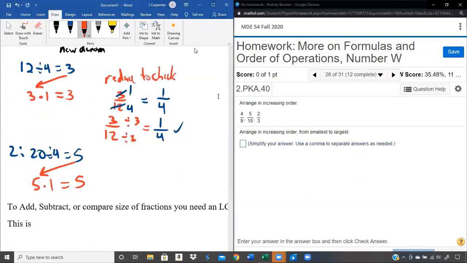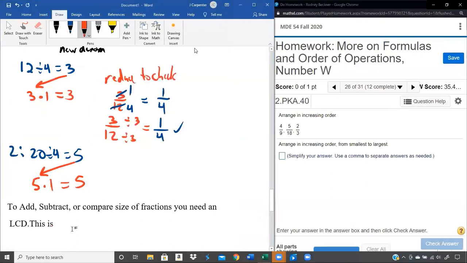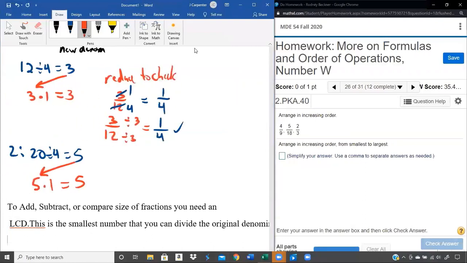I'm going to maximize this. There we go. This is the smallest number that the original denominators divide into.